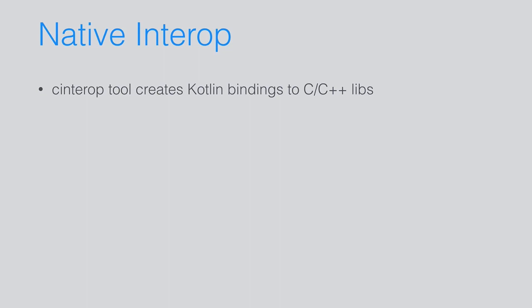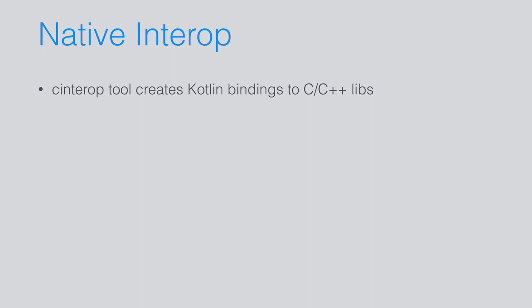There's a whole history of C and C++ libraries on native platforms, and shared libraries like libpng or libjpeg, all that kind of stuff. And nobody wants to throw that away, which is something you kind of have to do if you're using other tools like React Native or Flutter or other cross-platform tools like that.